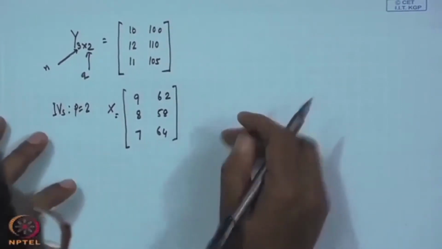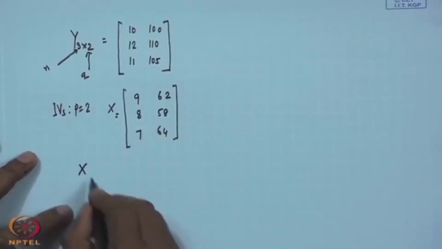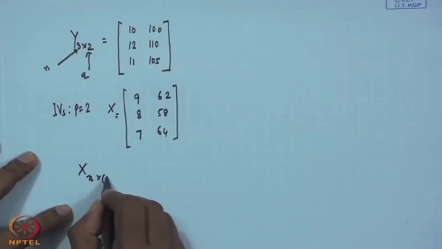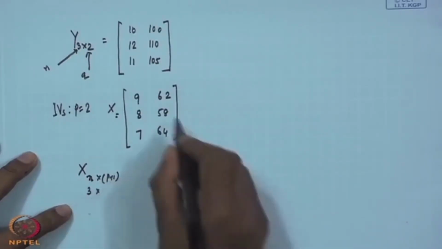So what do we require to do now? We require to find out the design matrix X, which will be n cross p plus 1. Here n is 3, so it is 3 cross p plus 1.